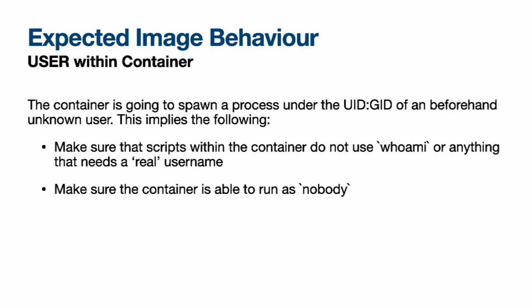So you should not have scripts within the container that rely on the actual real username of the user, because the real username is not there. It also implies that the container needs to be able to not rely on privileges to read certain directories that are maybe owned by root. So the container should be able to run as nobody, essentially. And I think that's also common sense already.